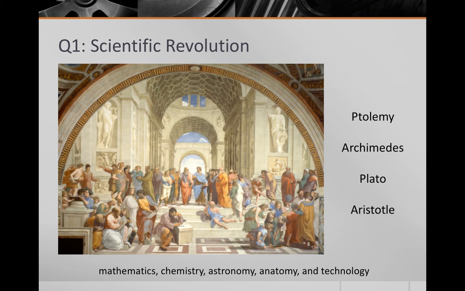So for the first bullet, we want to say: Renaissance humanists studied the texts of Latin and Greek scholars, and scholars is spelled S-C-H-O-L-A-R-S, scholars, and scientists like, and then if you look on the right-hand side there, their names are Ptolemy, comma, Archimedes, comma, Plato, comma, and Aristotle.